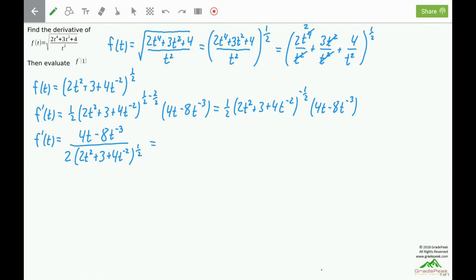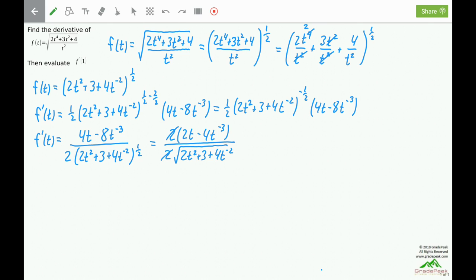Now in the numerator, I'm going to factor a 2 out because I have a 2 in the denominator that we'll be able to cancel with it. So I will have a 2 times a 2t minus 4 times t to the -3 all over 2. And then 1/2 power means square root first power. So the square root of 2t squared plus 3 plus 4t to the -2.